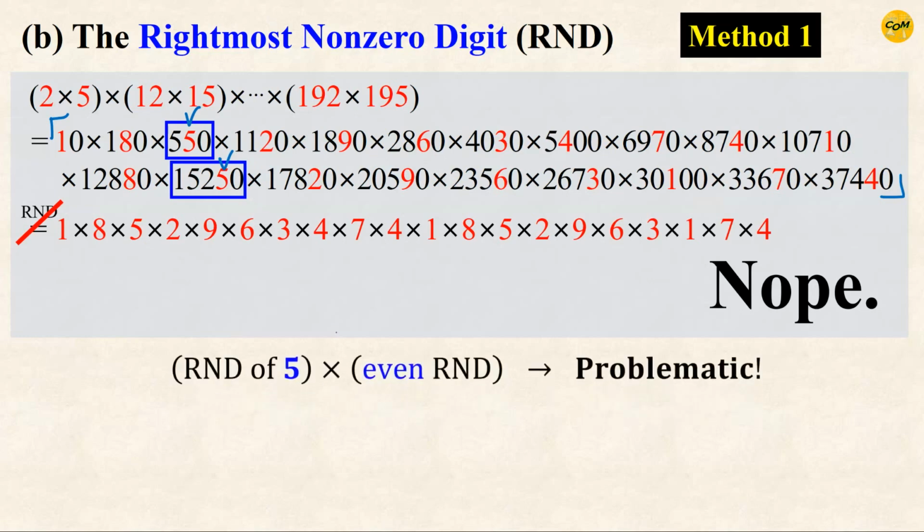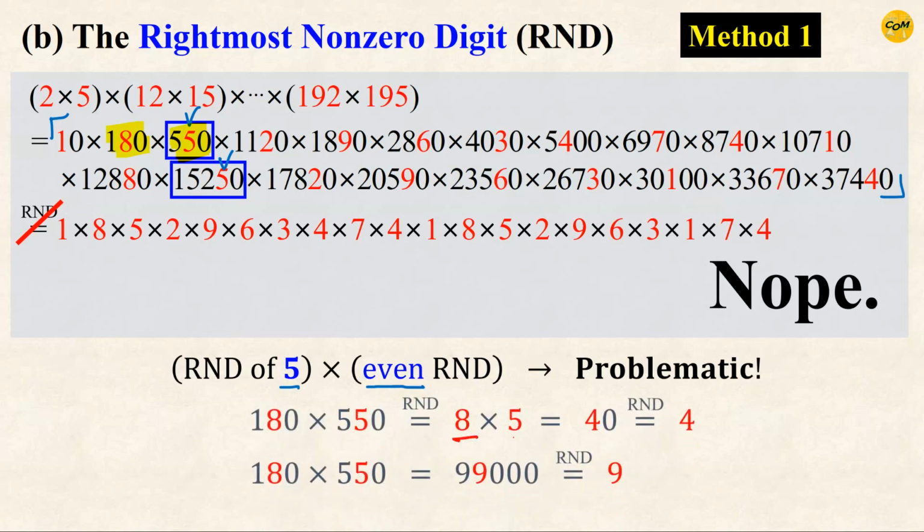And we have already seen that when a number with RND of 5 is multiplied with a number of even RND, the situation becomes problematic. That is, if we use this 180 times 550 as an example, you can see that the product of 2 RNDs gives the incorrect digit, and the correct digit must be obtained from actual multiplication.